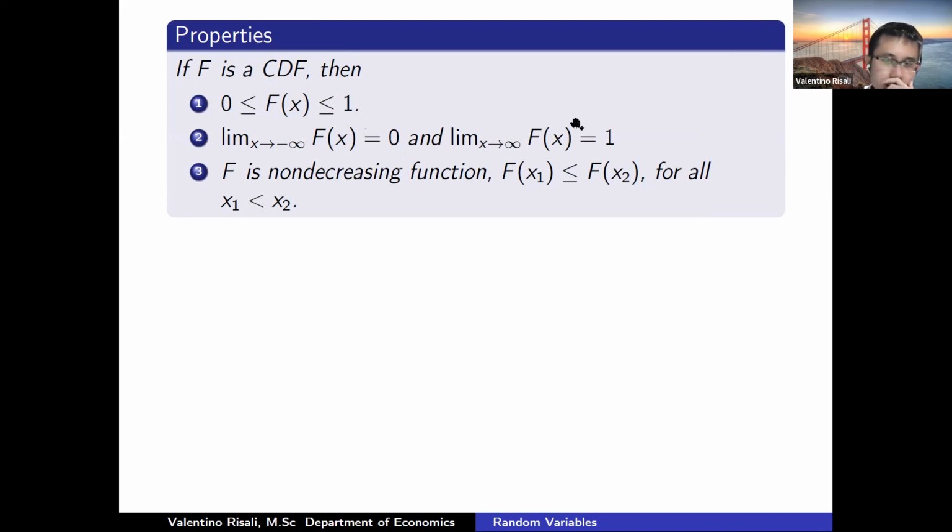And for the limit at infinity, it means the bigger the x, the more the value of F(x) goes to 1. And for the third property, F is a non-decreasing function. That is, for all x1 less than x2, the cumulative at x1 is less than or equal to the cumulative at x2.